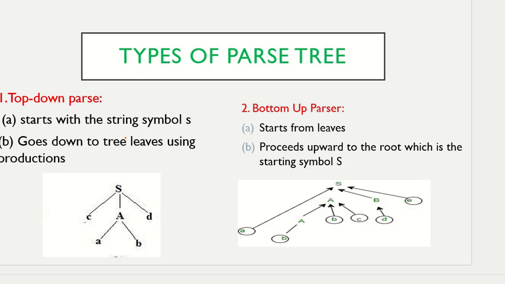A top-down parse tree is constructed by starting from the start symbol and expanding it downward by applying its production rules until all leaves are terminals that match the input string. This approach follows the leftmost derivation, always expanding the leftmost non-terminal first.